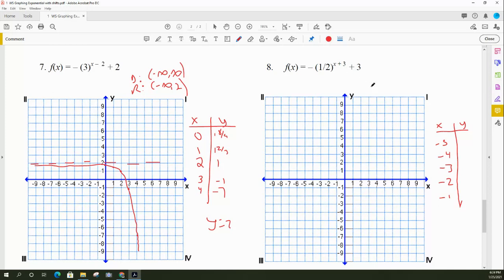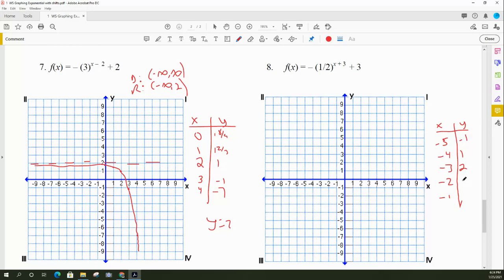So I plug in -3, 0, anything raised to 0 is 1. -1 plus 3 is 2. Plug in -4, 1/2 to the negative first is 2. -2 plus 3 is 1. Plug in -5, you get -2, 1/2 to the negative second is 4. -4 plus 3 is -1.